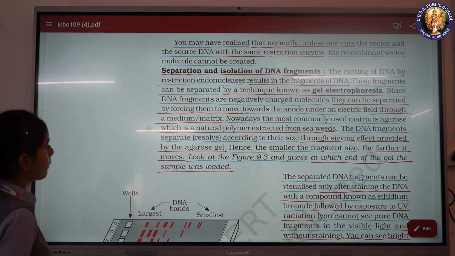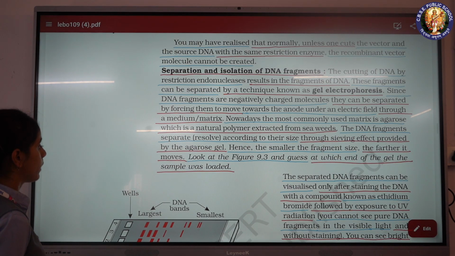The separated DNA fragments can be visualized only after staining the DNA with a compound known as ethidium bromide, followed by exposure to UV radiation.